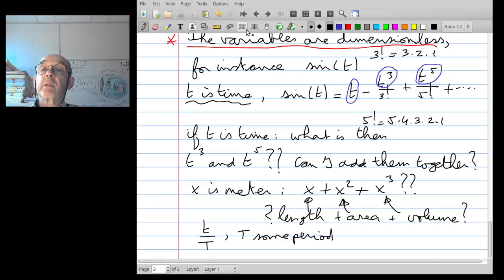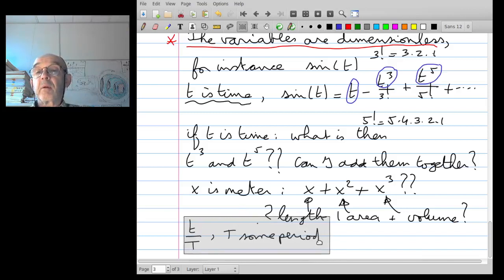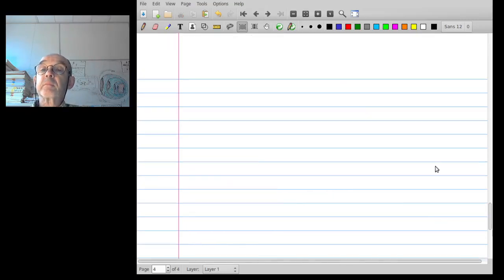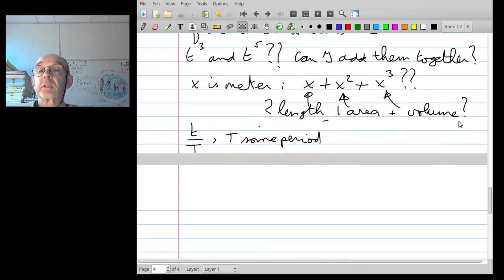Or for instance, x divided by L, and L some length scale.